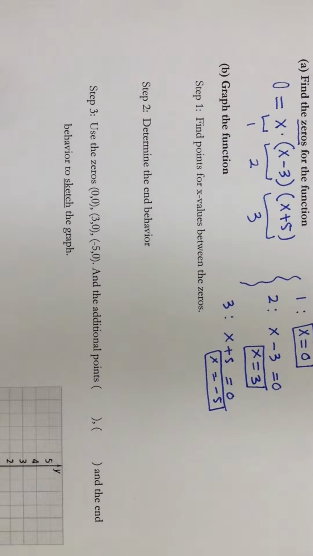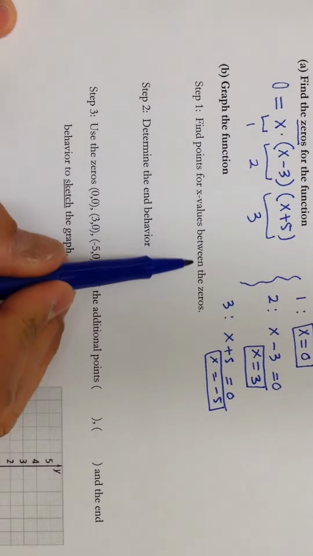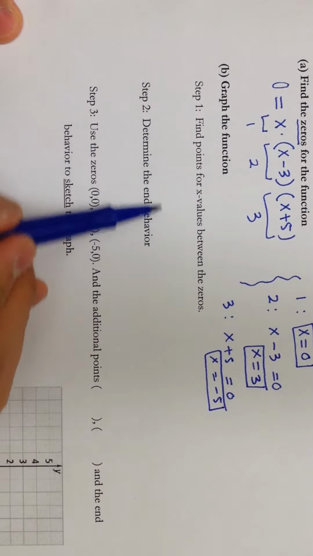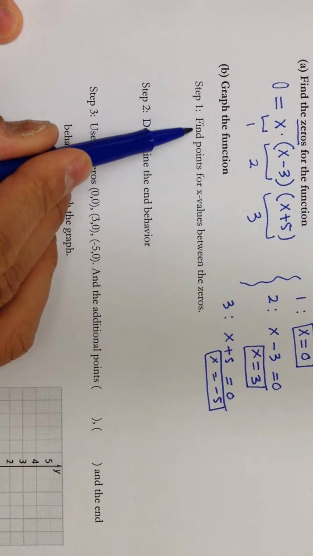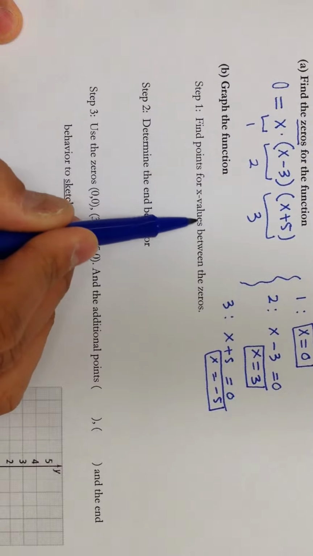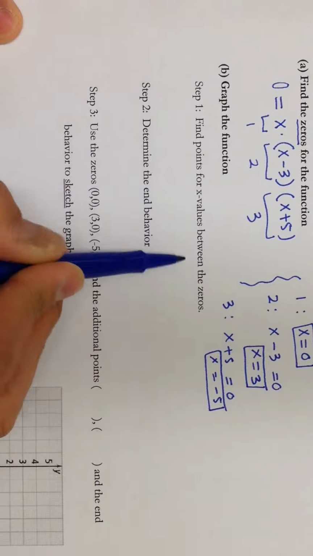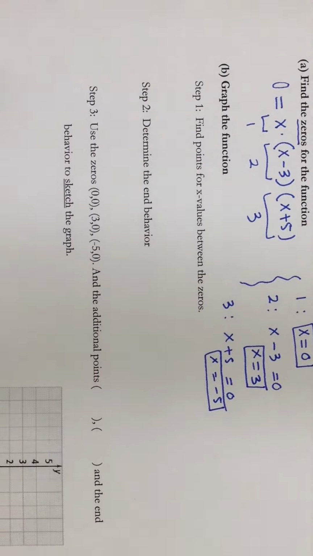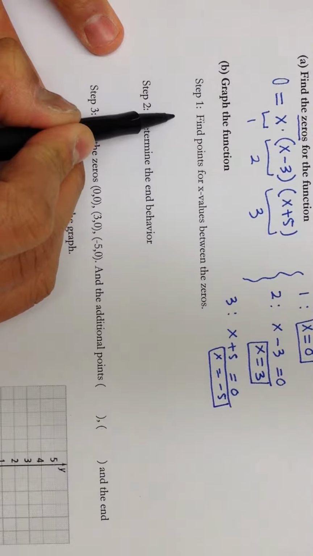To graph the function, the first thing you do is find the points, not all the points, just the points for the x values between the zeros. Now this can sound really confusing, but here's what I mean. You draw your x-axis.